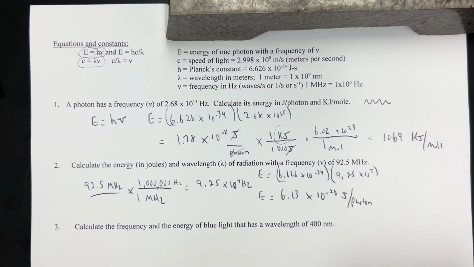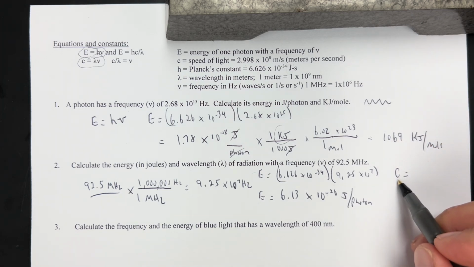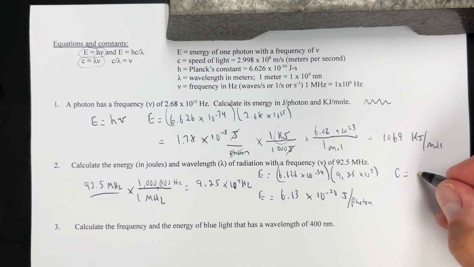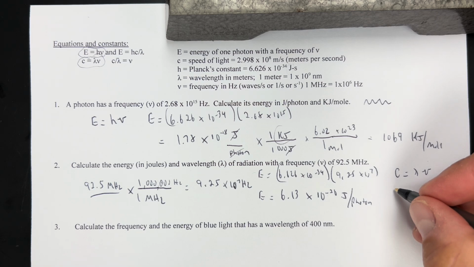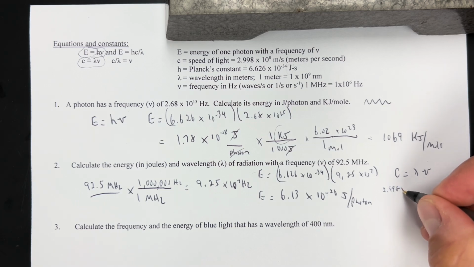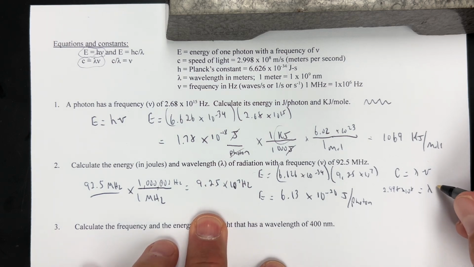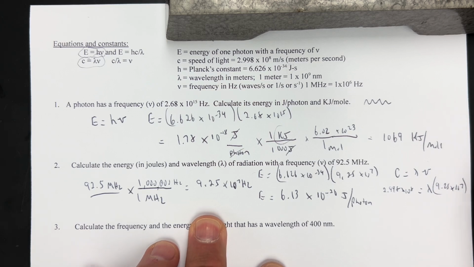If we want to get the wavelength, c is the speed of light. Does not change. So wavelength times frequency. So we're going to go 2.998 times 10 to the 8th equals, trying to solve for wavelength, frequency is 9.25 times 10 to the 7th.